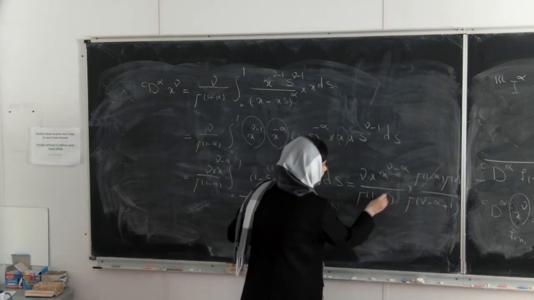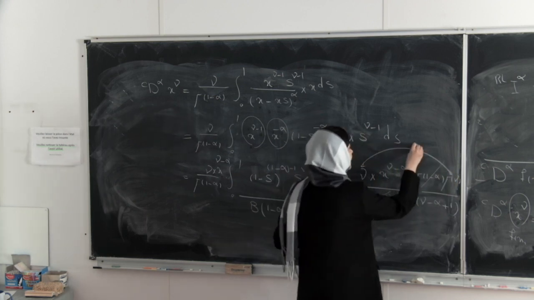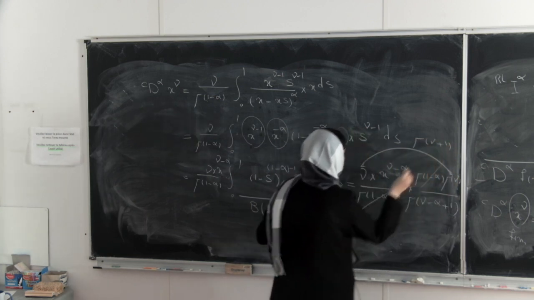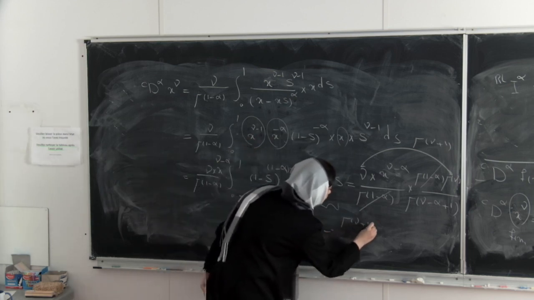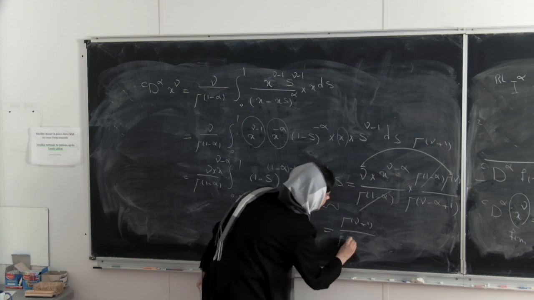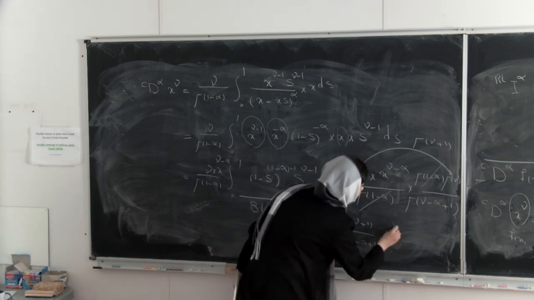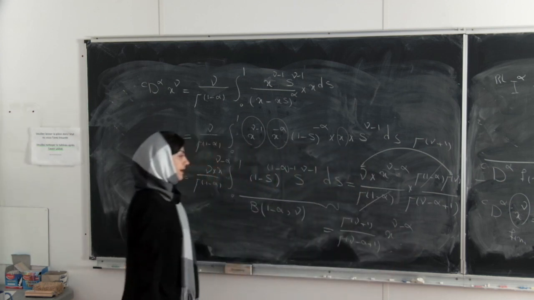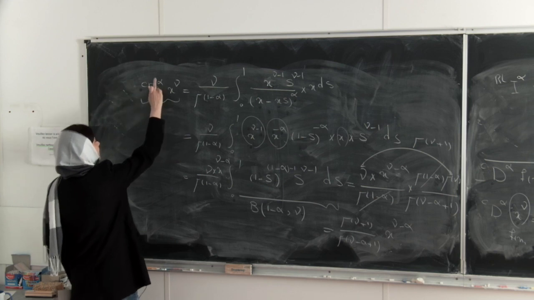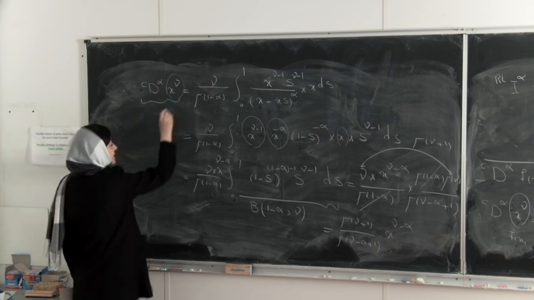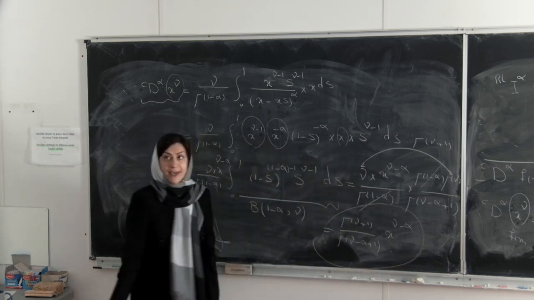We can omit these two terms, and we know that nu gamma nu is gamma nu plus 1. So we have gamma nu plus 1 divided by gamma nu minus alpha plus 1, x to the nu minus alpha. So the kappa 2 derivative of order alpha of x to the nu can be obtained from this equation.